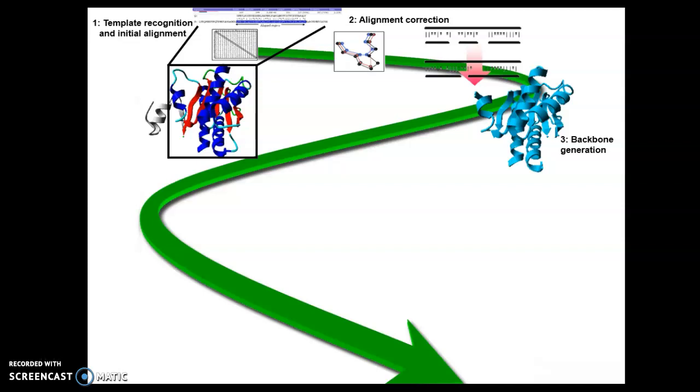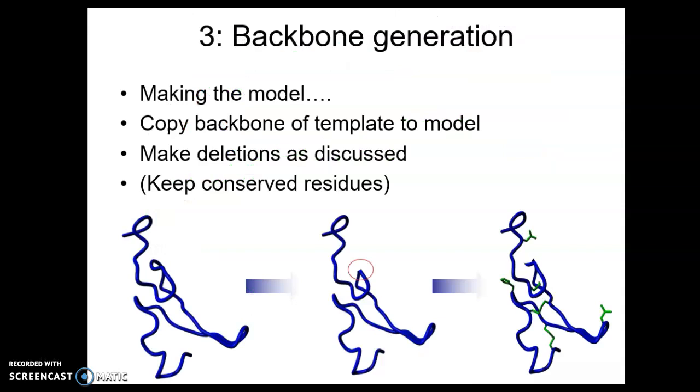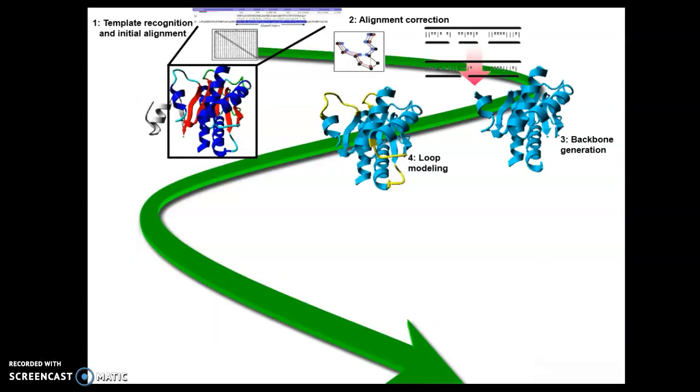You have studied in your biochemistry, a structure has a certain backbone, the carbon to carbon backbone, and making the model also involves this backbone generation. So the backbone has been copied from the template to your model, and you can make deletions as discussed in the previous slides. Keep only the conserved residues, and lo and behold, your backbone is done.